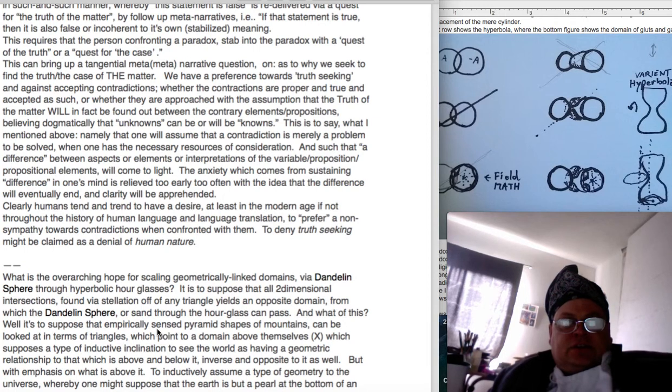The anxiety which comes from sustaining difference in one's mind is relieved too early, too often, with the idea that the difference will eventually end and clarity will be apprehended. Clearly, humans tend and trend to have a desire, at least in the modern age, if not throughout the history of human language and language translation, to prefer a non-sympathy towards contradictions when confronted with them. To deny truth-seeking might be claimed as a denial of human nature.